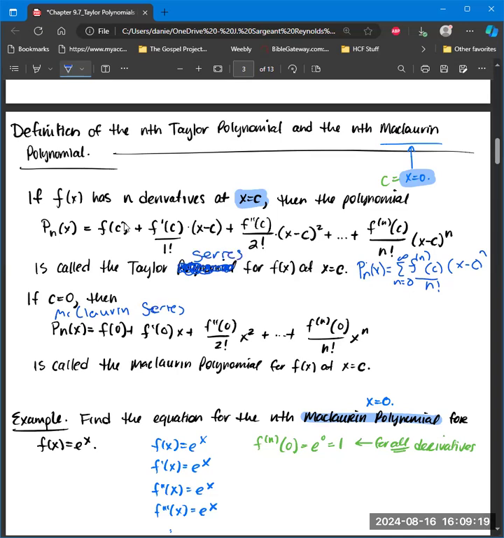Here, where we have p sub n, or we can call this f of x here. We call this f of x here is equal to, and then all of these things stay the same. You just evaluate them at 0. So this is, let's say, f of x equals the summation from n equals 0 to infinity of f n at 0 times x to the n over n factorial.